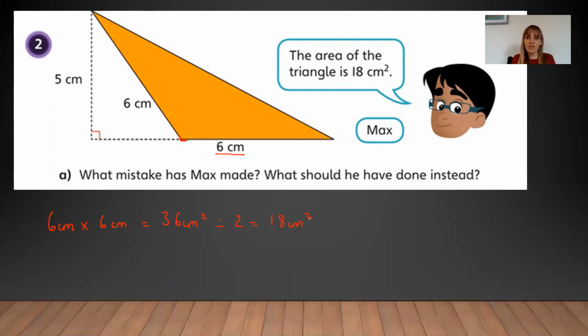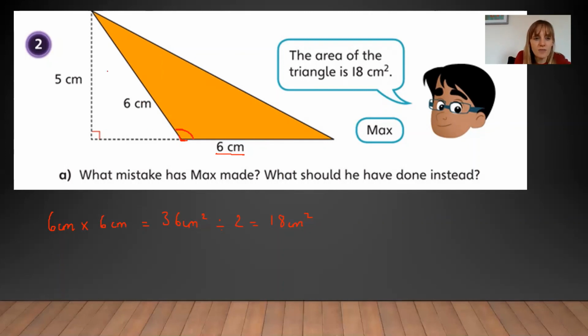Now, is he correct? What do you think? I think he's not correct, because I'm looking at where this 6 centimetre line meets this 6 centimetre line here, and actually that's bigger than a right angle, isn't it? It hasn't met to make two perpendicular lines there. It's got a bigger angle, it's larger than 90 degrees.